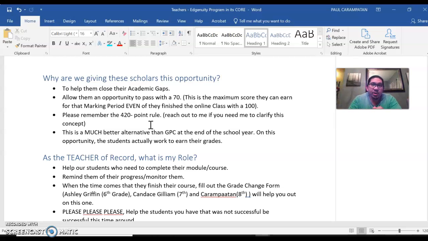We need your signature that basically says that Lil Johnny has completed this marking period, and the grade that they got is 85, but we're going to change it only to a 70. And whatever grade they got, if it's below a 70, we'll replace it to help them out, for the 420 rule in the end.